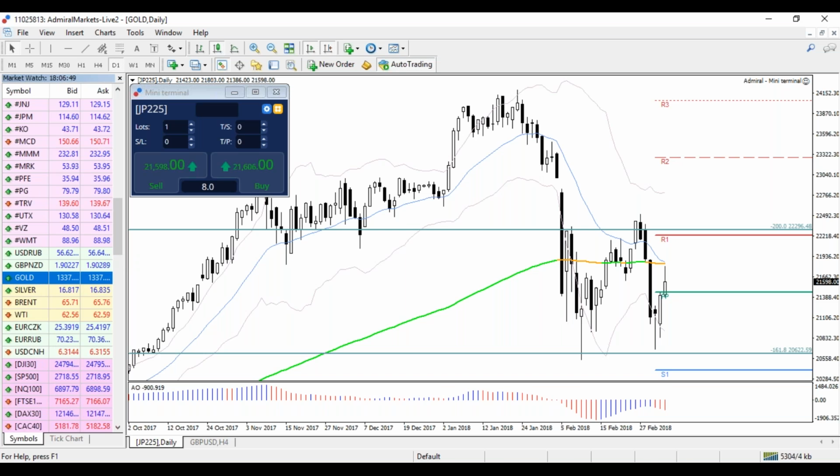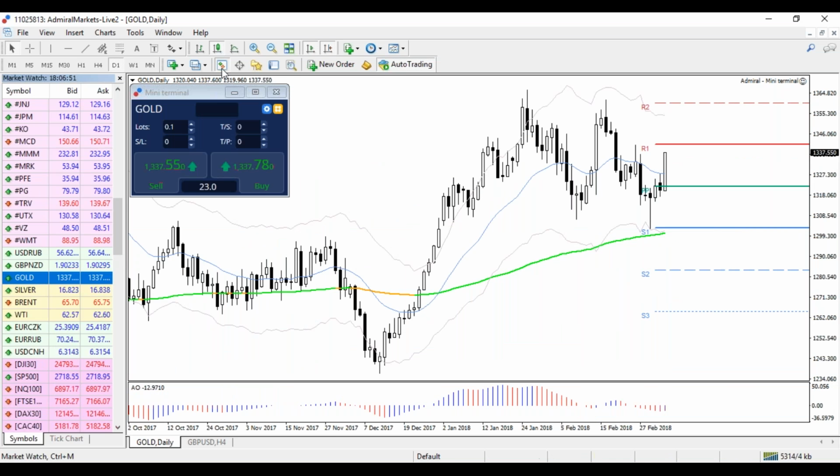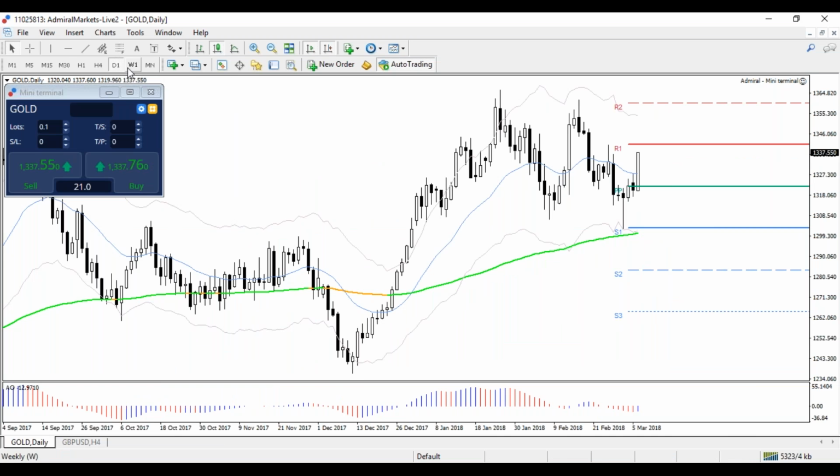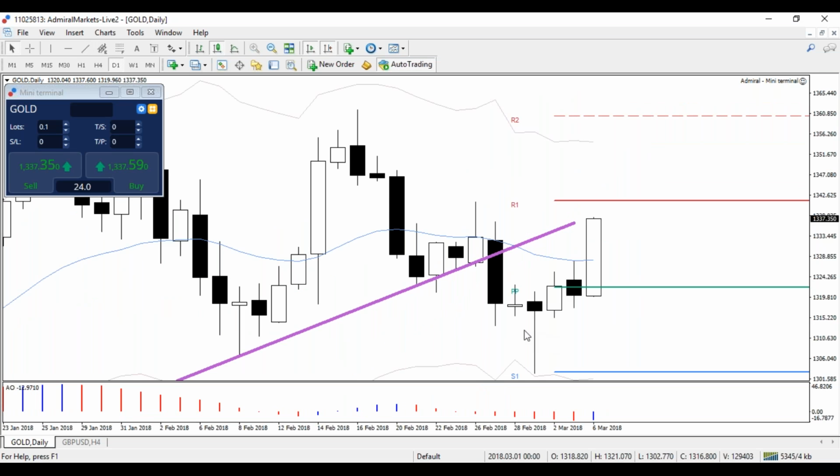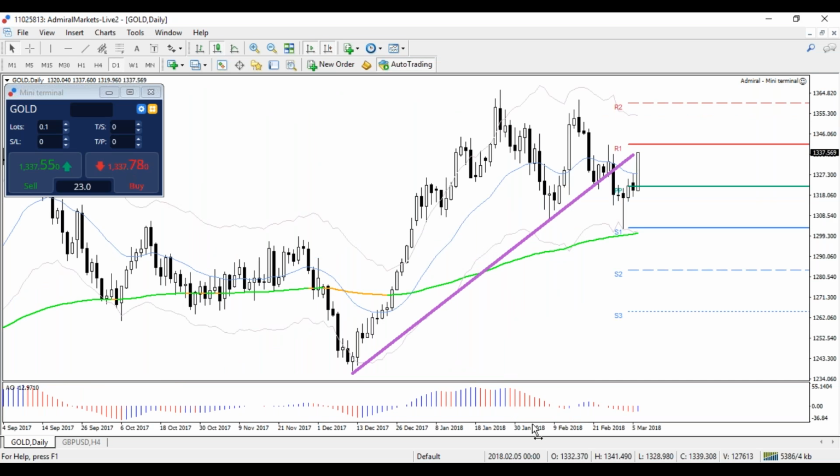Gold, let's take a look. All right, so that breakout to the downside did not look too encouraging. We had a good candle here, but the follow through encountered a wick. So yeah, that is sending this back up a little bit earlier than I expected.